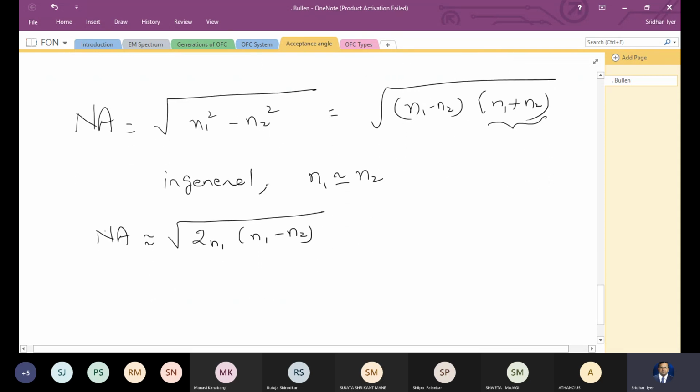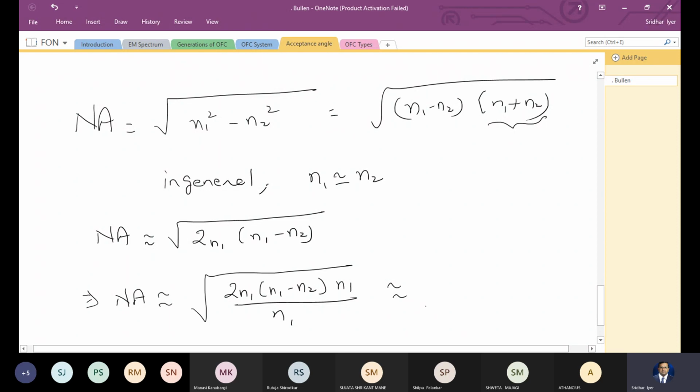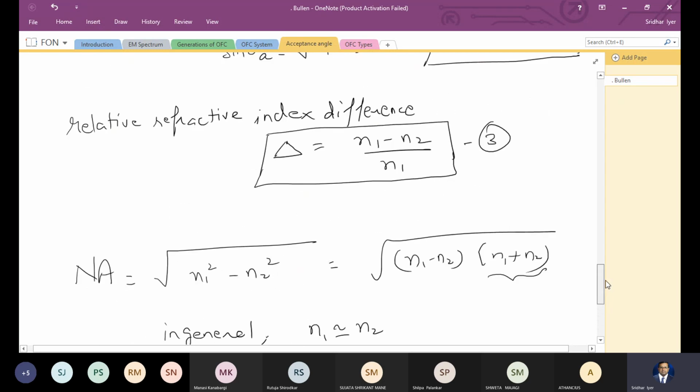So now doing that, NA becomes root of 2n1 into n1 minus n2 by n1. So I am multiplying and dividing by n1, and approximately this just becomes 2 n1 square, and I will replace this n1 minus n2 divided by n1 as delta, because the value of delta is n1 minus n2 by n1.